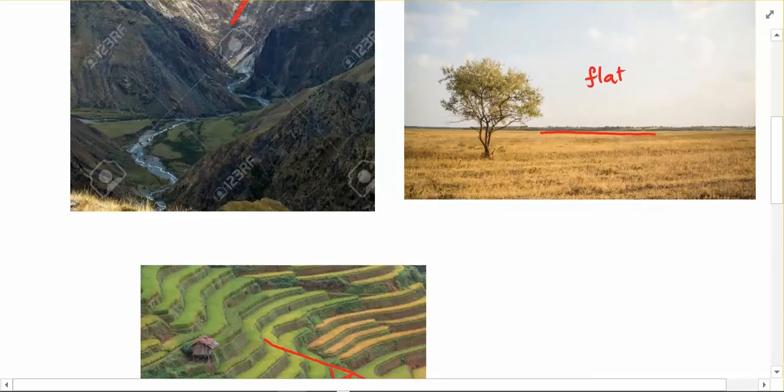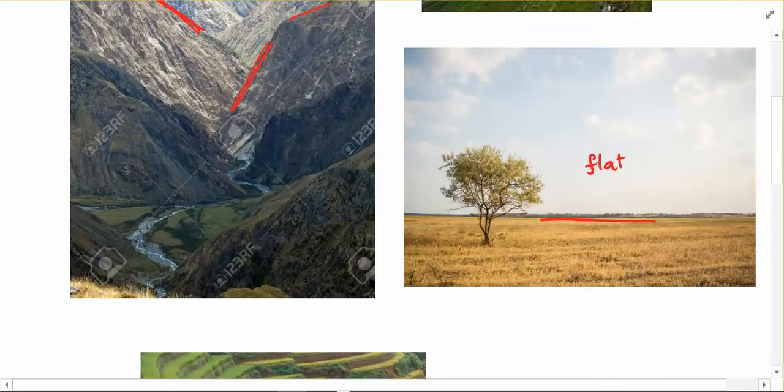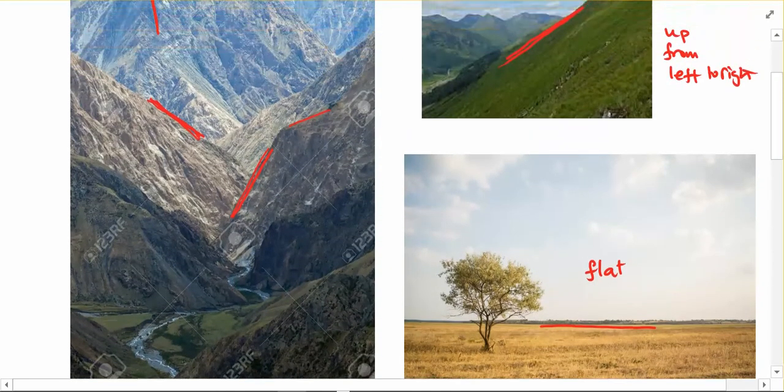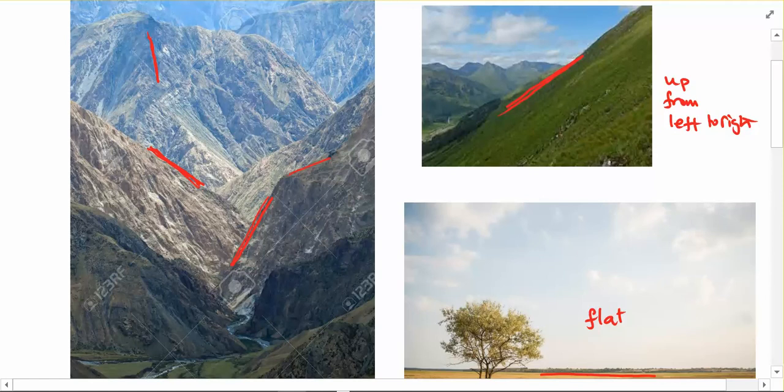So a mathematician, when they look at this, asks themselves simple questions like, how can I tell the slope that is going down from left to right from the slope that's going up from left to right? Is there a way in which I can somehow tell this? And the answer is yes. The way mathematicians tell if something is going down or going up is by using positive and negative.